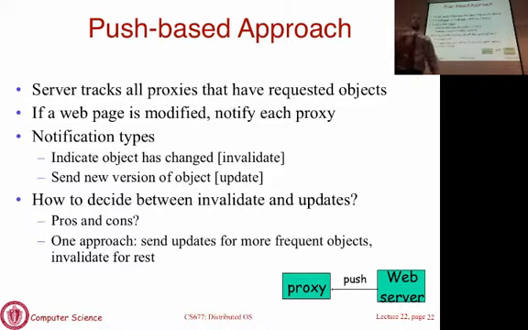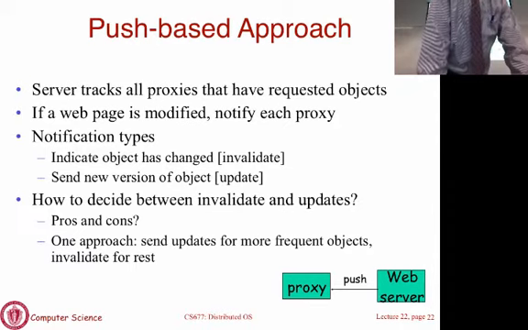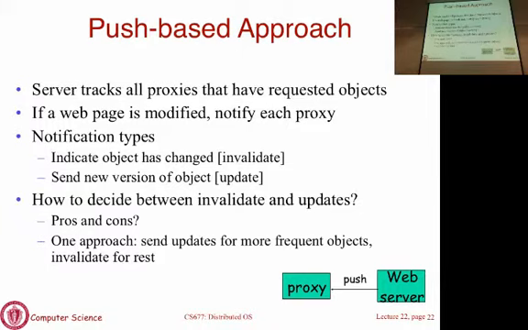Okay, but that's a push-based approach. If the page is modified more frequently than it is requested, then it's also kind of a waste. So if the page has a higher update frequency than read frequency, and you keep sending the page, you will send it lots of times before it's read.